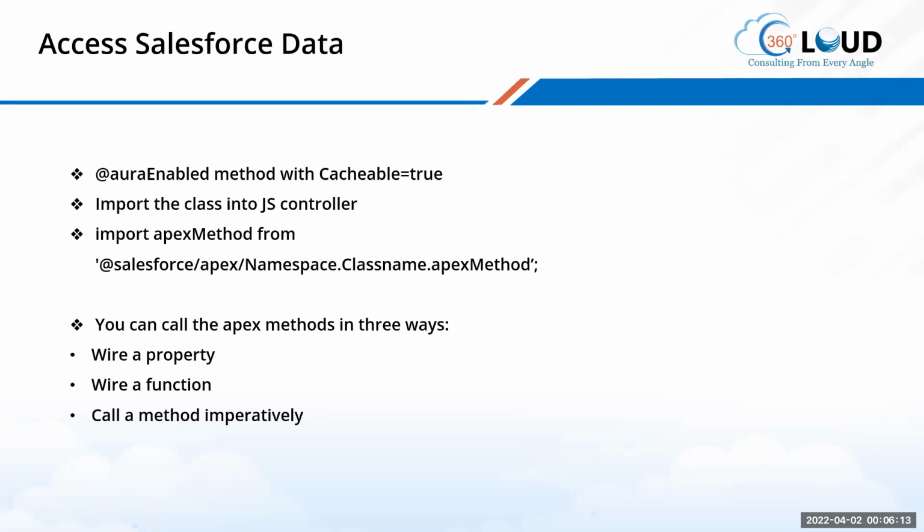It quickly shows the cached data from client-side storage without waiting for a server trip. Once you call an Apex method, it goes from JavaScript on the client side to the Salesforce server. If you use cacheable=true, you don't have to ping the server again, so it gives you greater performance.